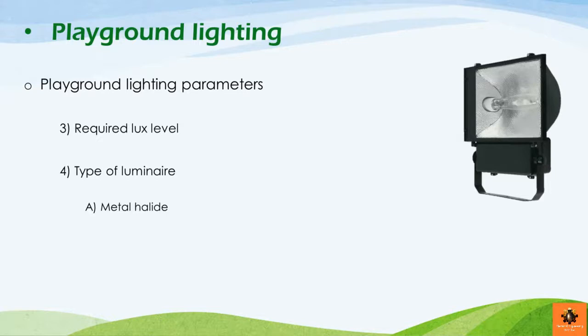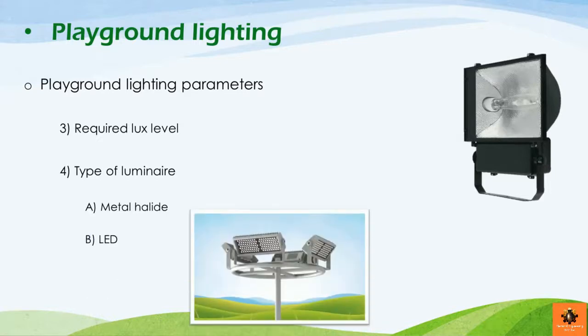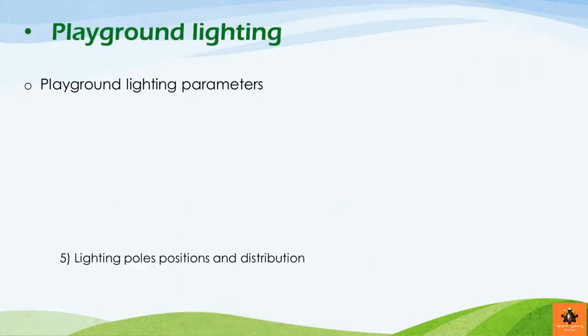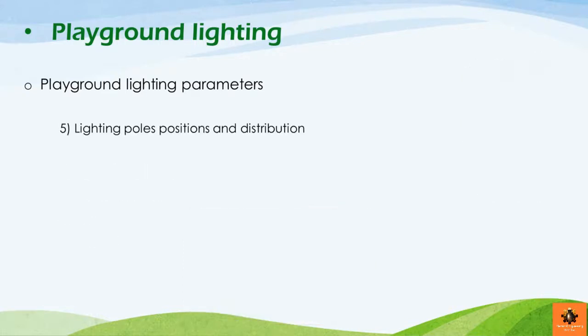And also the second type of luminaires we have is the LED luminaire, and the LED luminaire is used due to its larger output lumens, and also its power input is low, so it's a power-saving luminaire as we learned before.